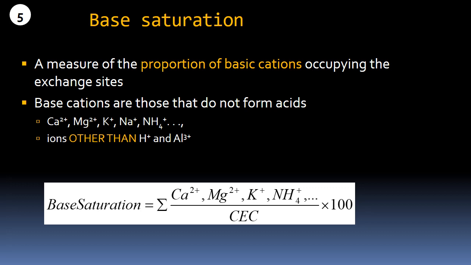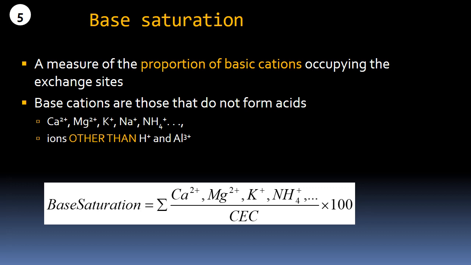These basic cations, like calcium, magnesium, potassium, sodium, and ammonium, are all very important to the soil, especially for the plant. Why? Because they are macronutrients, and macronutrients are needed in a higher amount in the soil. That's why we need to know how much macronutrient exists in the soil.